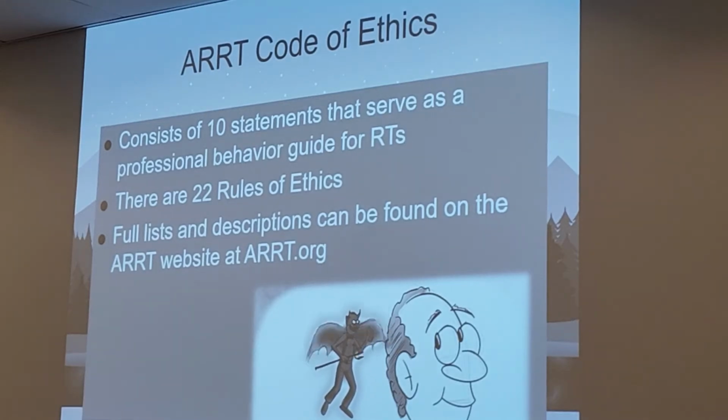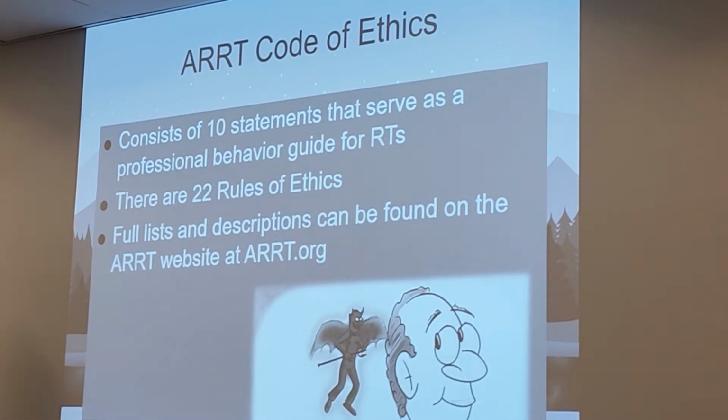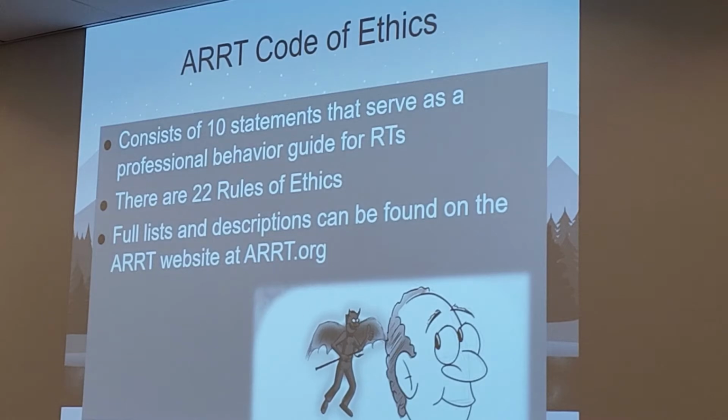These 10 statements serve as a guide for professional behavior. So they tell you how you should act in certain circumstances. There are also 22 rules of ethics. And like I said, you can find all of these on the ARRT's website.